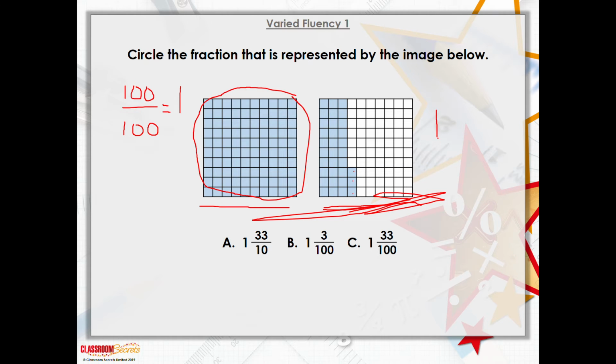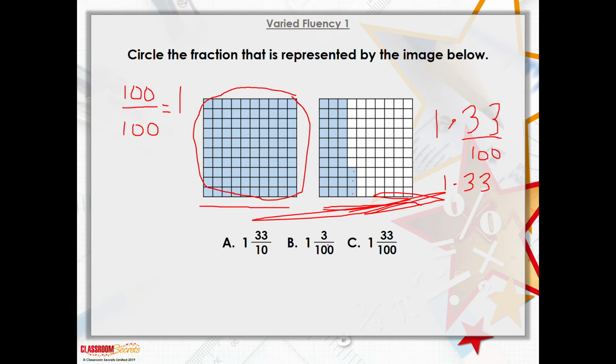So we know it's one whole number and 33 hundredths. Take out my decimal point. One whole number and 33 hundredths, which is 1.33.